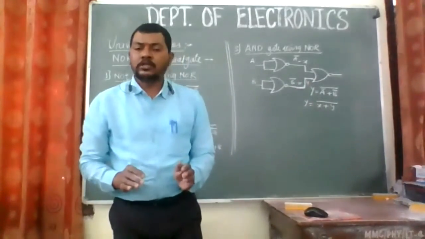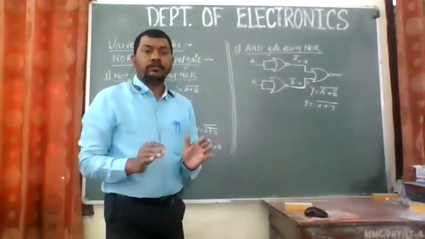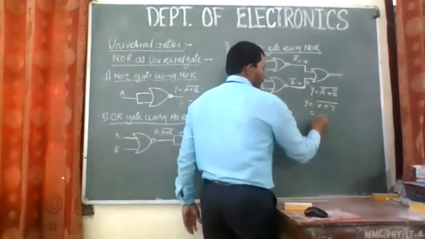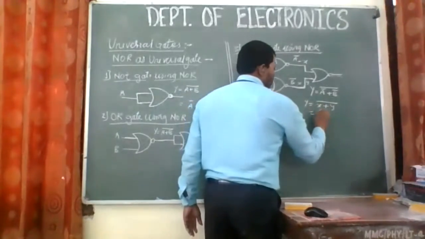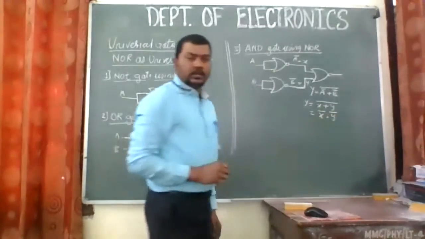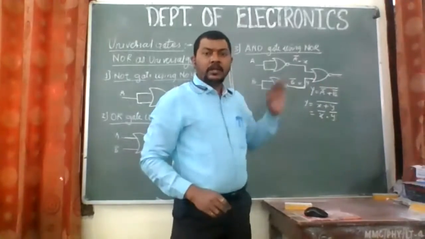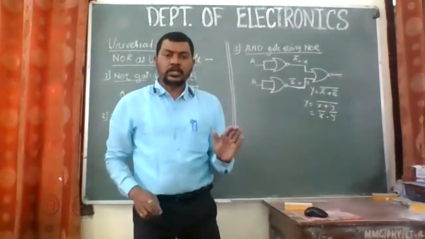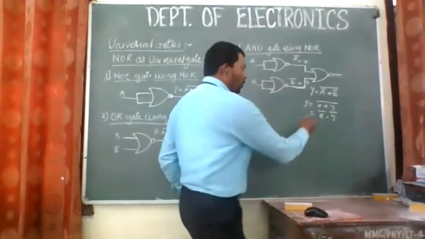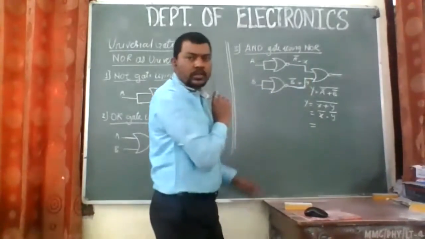The first statement of De Morgan's theorem is that the complement of the sum is equal to the product of the complements. Remember this. So X plus Y whole complement can be written by De Morgan's first statement as X complement dot Y complement. Now put the original values of X and Y over there.